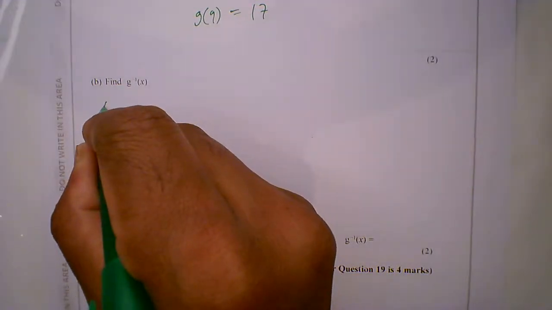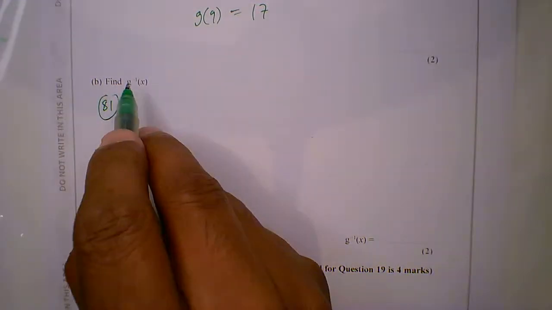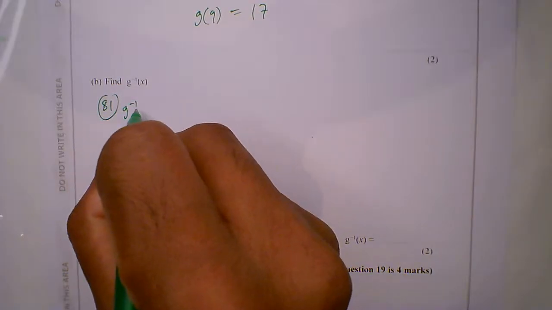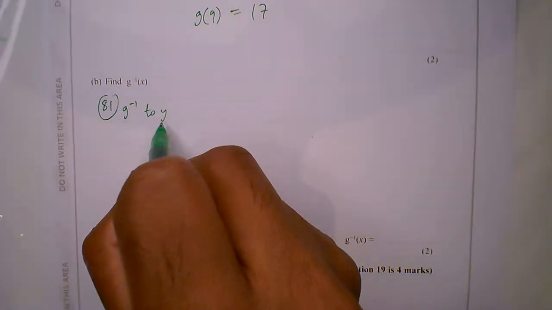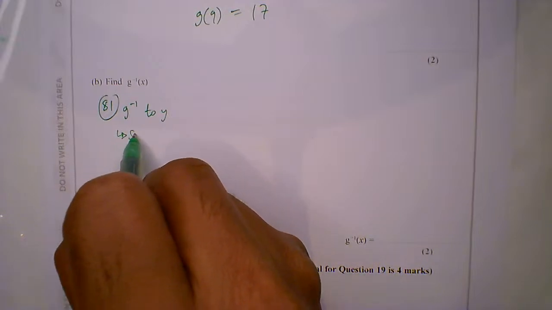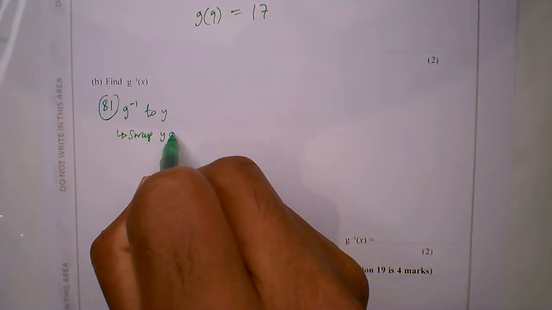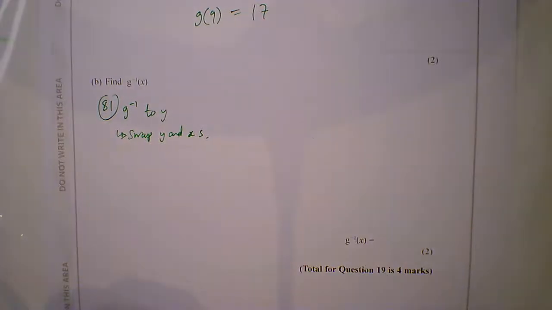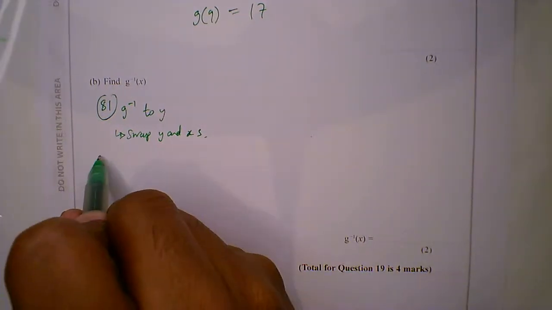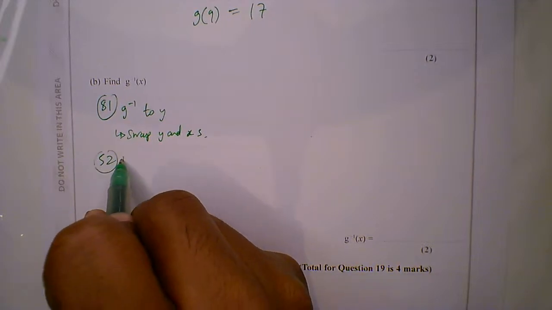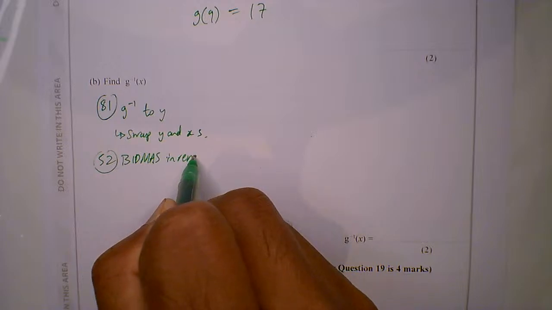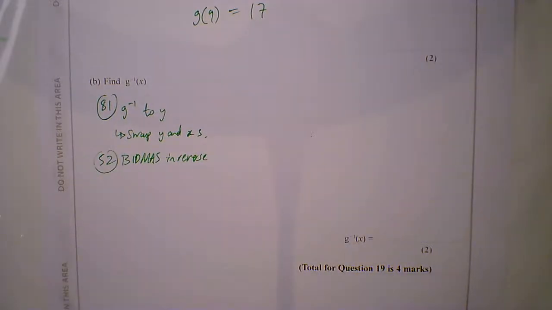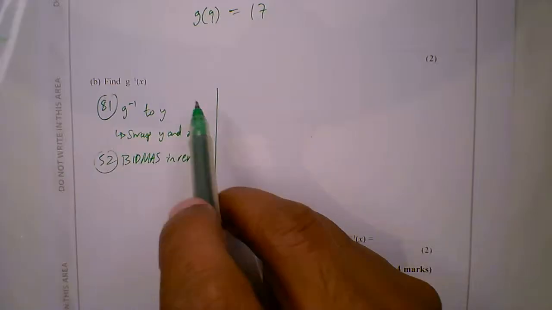So step 1 is I am going to swap the g minus 1 to y, and then swap the y's and x's. Why we do that will make sense shortly. And then step 2 is BIDMAS in reverse. And that should be it.